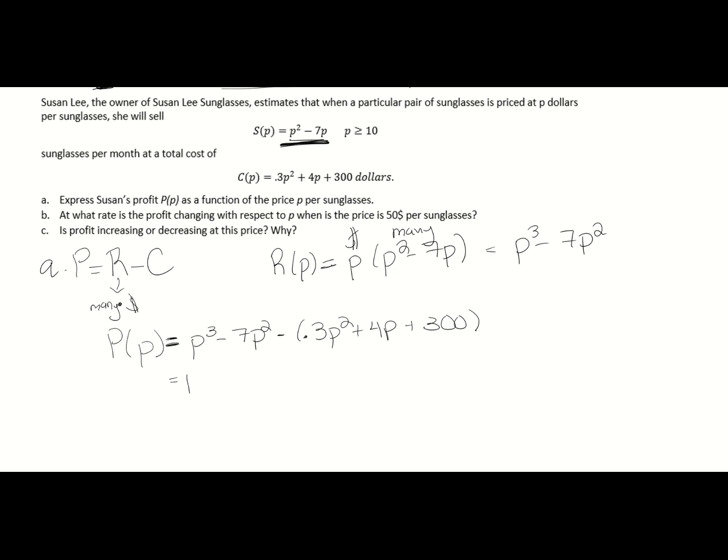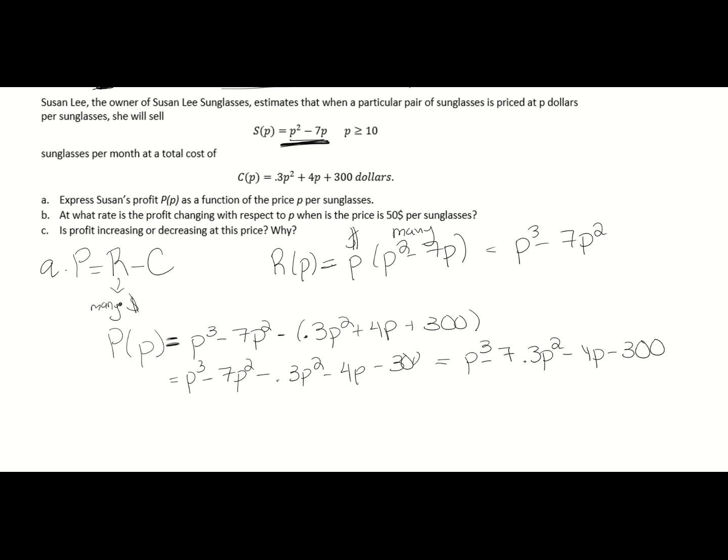Distribute the negative: minus 0.3P squared minus 4P minus 300. Combine like terms, and it's going to give us P cubed minus 7.3P squared minus 4P minus 300. Okay, looks good. So here's our profit function.